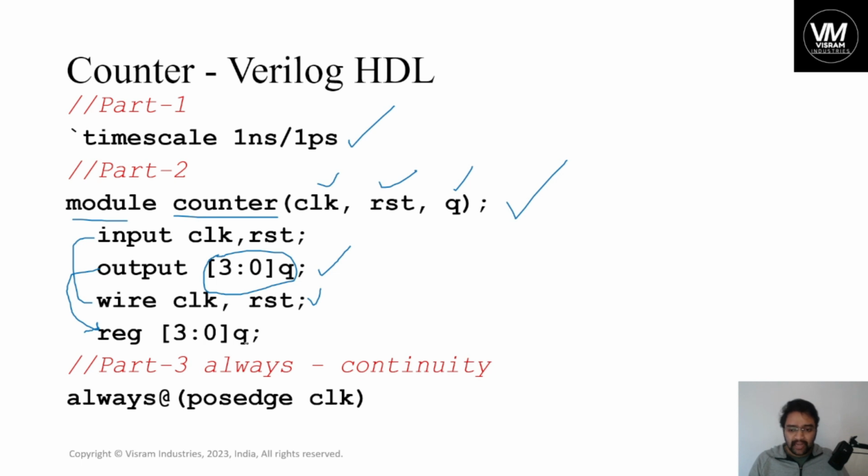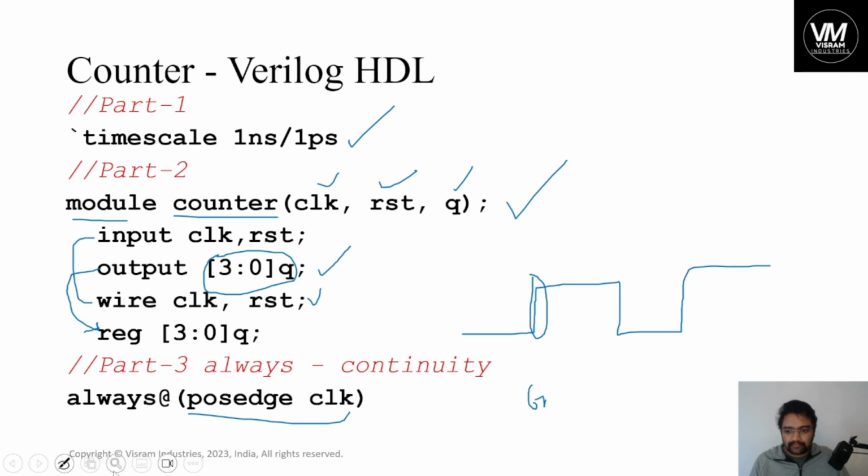And in the always block, the functionality, now we have declared the name as well, right? I'll show you in the example using an EDA tool as well. So always @(posedge clock). We have declared at the positive edge of the clock. At this point, the actual hardware will be enabled.